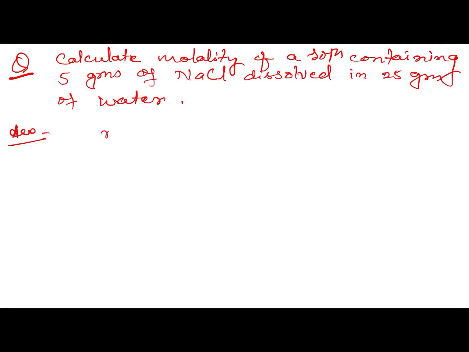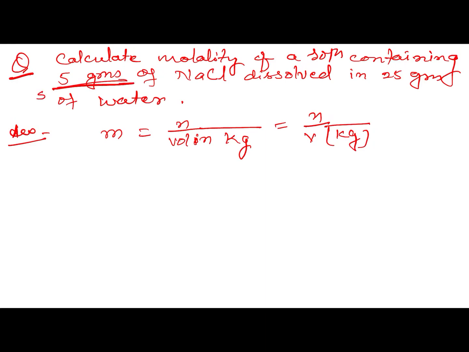So, first you write molality is equal to number of moles of the solute divided by mass of the solvent in kilogram, that is n by m. Then identify solute and solvent. This is solute, and this 25 gram of water is solvent.